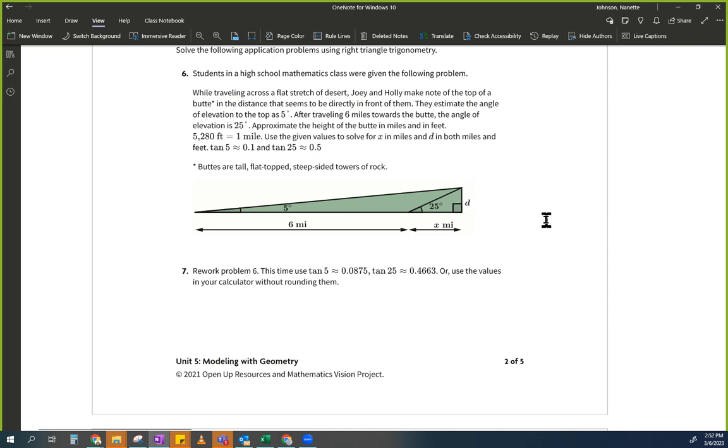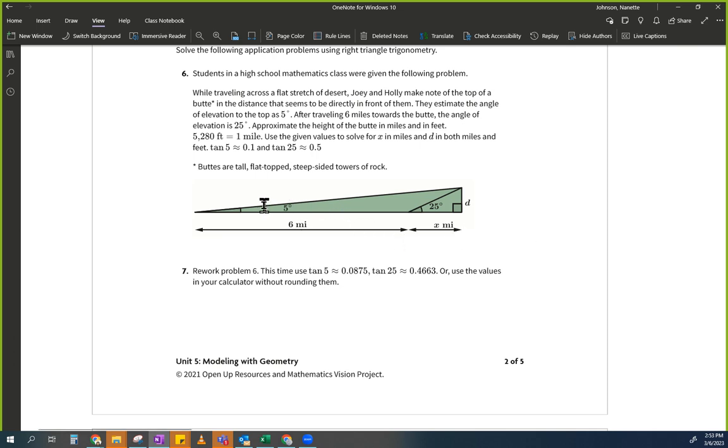So the first thing I'm going to do is write out a couple of equations to help me solve this problem. What are some equations that'll help me? Yeah, the tangent's going to help me. So I'm going to write tangent of 25 degrees is equal to D over X.